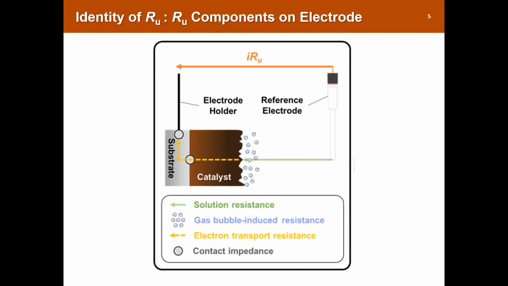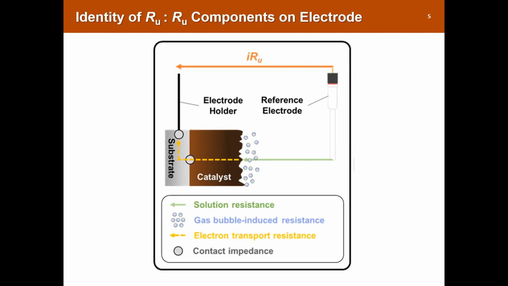Okay. It depends on your purpose. So if you want to do the IR compensation including the bubble induced resistance, then current interrupt mode can be beneficial. I think, if I can add, the problem there is which potential you are talking about. For instance, if you want to do positive feedback for LSV, you don't need to measure the uncompensated resistance at high potentials where you have the bubble issue.